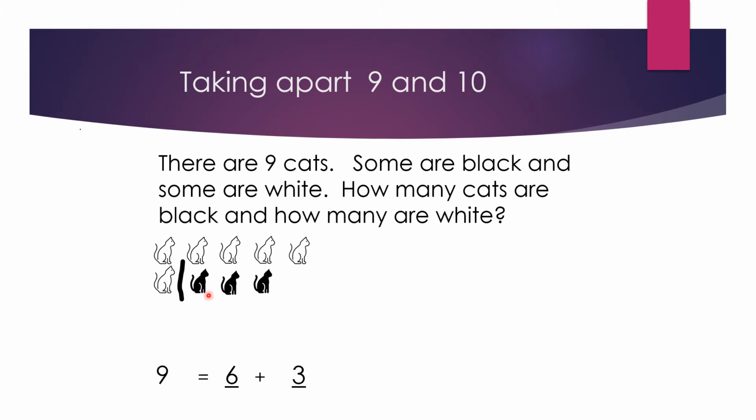This magic line is great because it shows our parts. All we had to do is make a line down the middle and decide, kindergarten, how many cats were going to be white and how many cats are going to be black. Isn't this fun? I think so too. Let's try another.